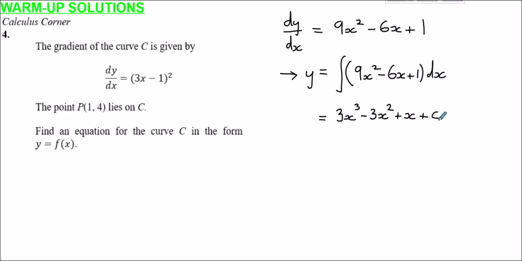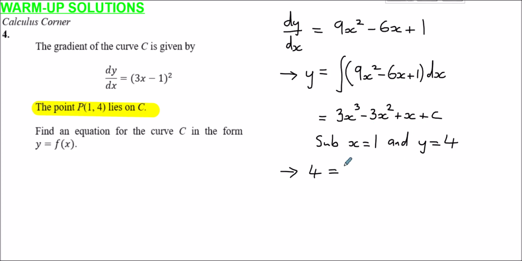Now we need to work out what this constant of integration is using this information here, that the point (1, 4) lies on the curve. So now what we need to do is sub in the value x equals 1 and y equals 4. So when y is 4, y equals this expression here.